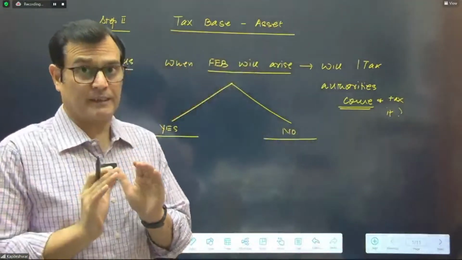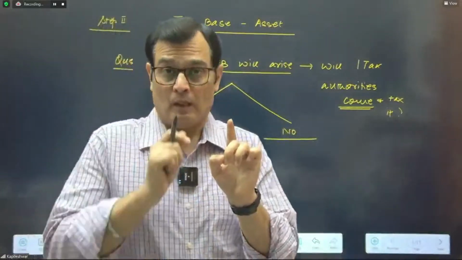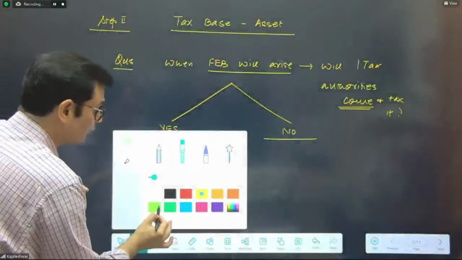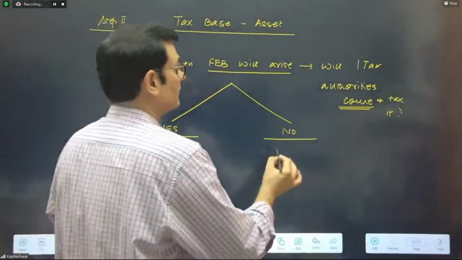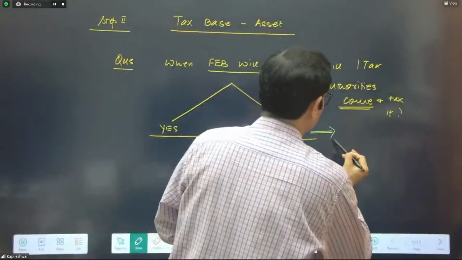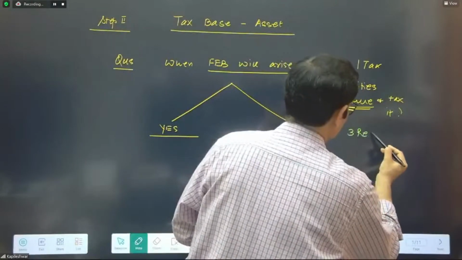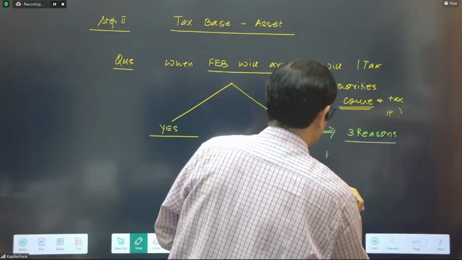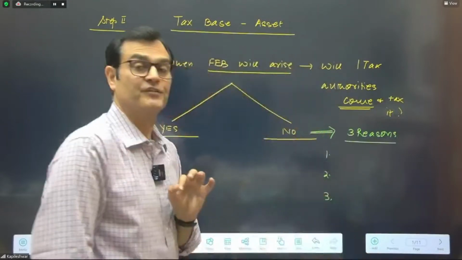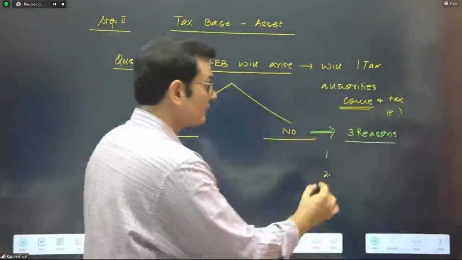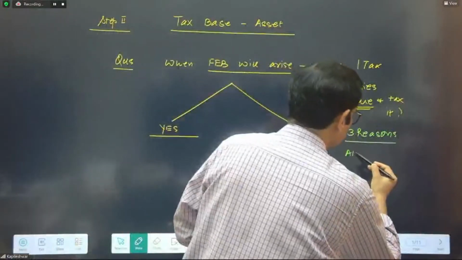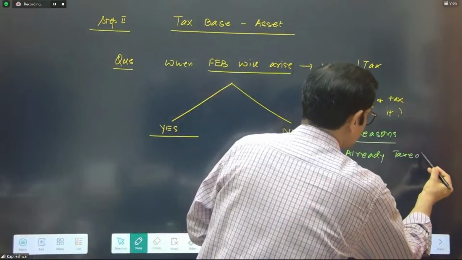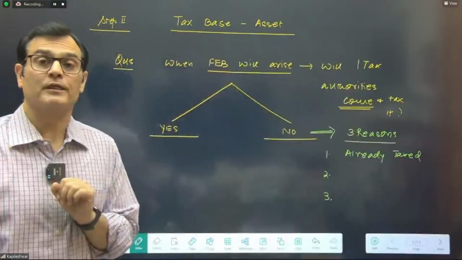Now, if you say that they're not going to come, then in this particular case, let me remind you, there could be three reasons that they will not come. So you need to keep a track of these three reasons. Number one, it is already taxed. The economic benefits have already been taxed, and therefore they are not going to come.